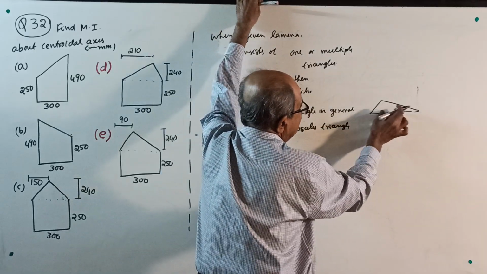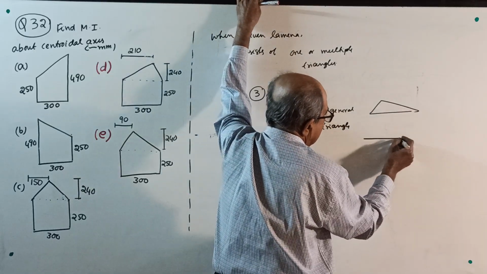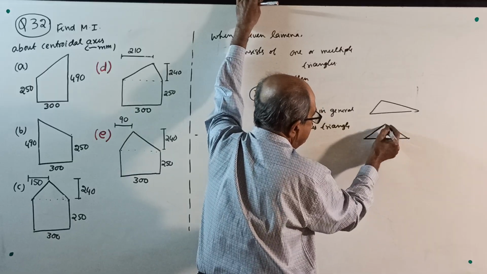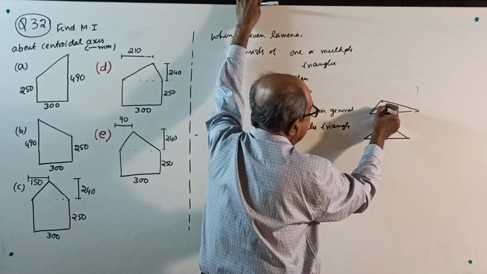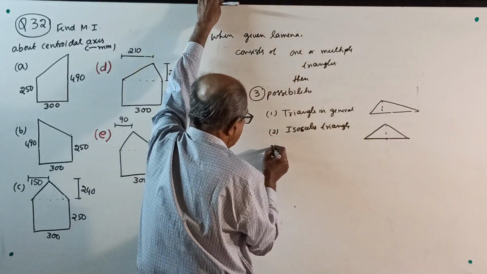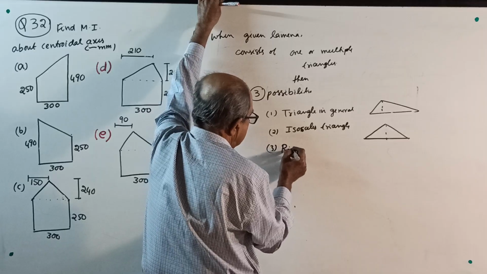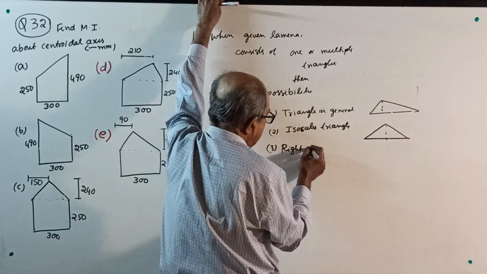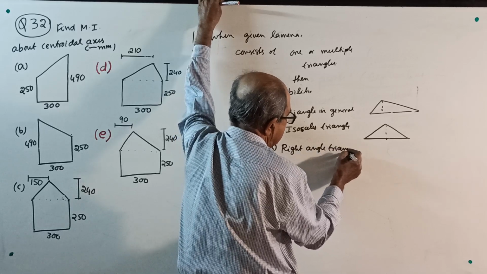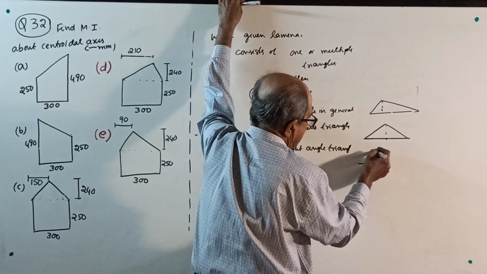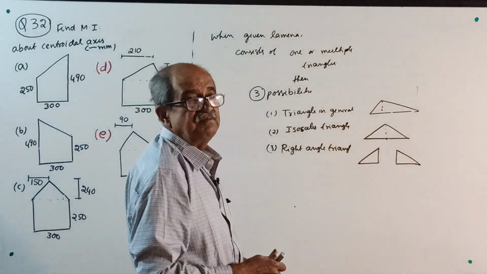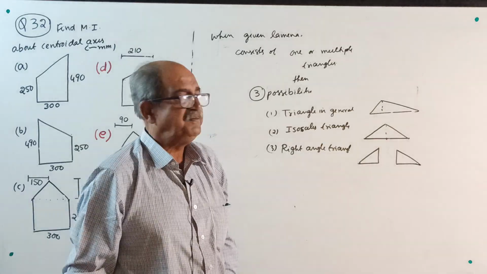Here, these are random; these two are equal. Here, these two are not equal, these two are equal. Or three, right angle triangle. Like this or like this, that does not matter. It can turn. These are the possibilities.